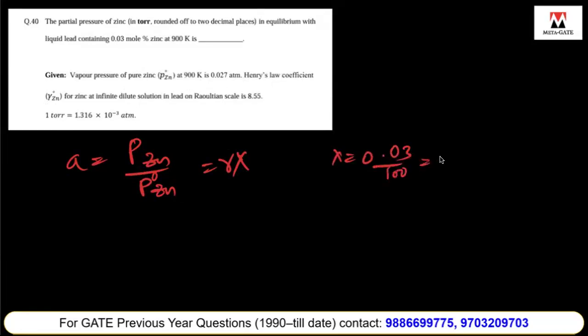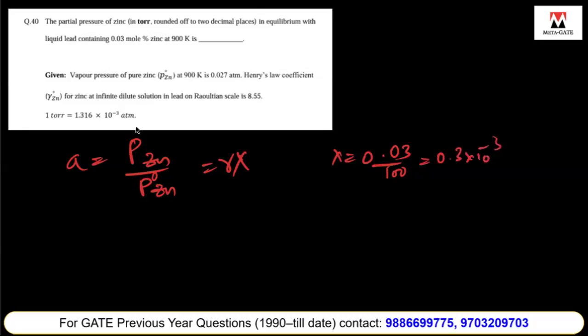According to Raoult's law, activity is P zinc by P naught zinc, and this is equal to activity coefficient into mole fraction. And here X is 0.03 by 100, so it is 0.3 into 10 power minus 3.